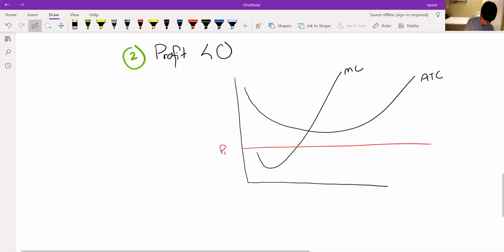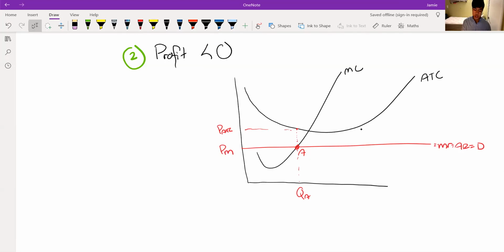Let's call it the market price, which is equal to marginal revenue, average revenue, and demand. So firms are going to set their profit maximizing level of output where MC is equal to MR, which is here, point A. This corresponds to QA, the amount of units being produced, and this will be the ATC, which implies the cost of production at QA units.